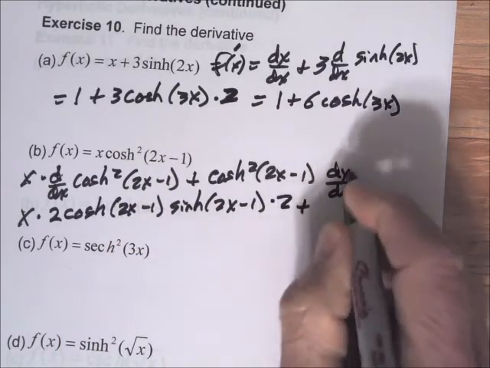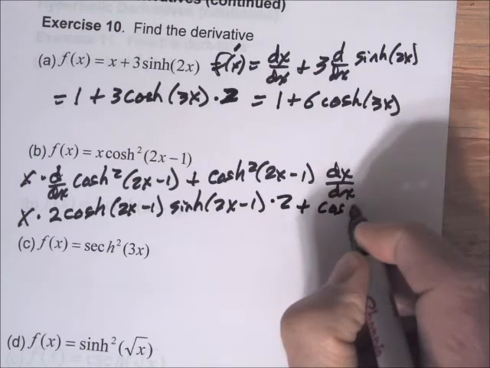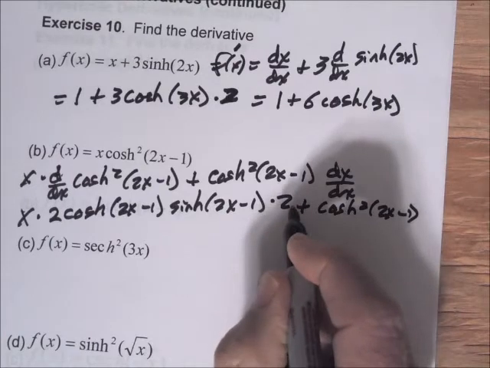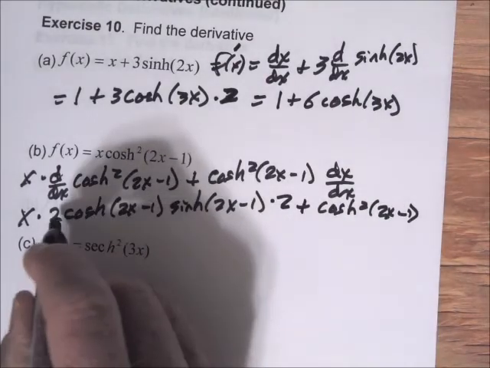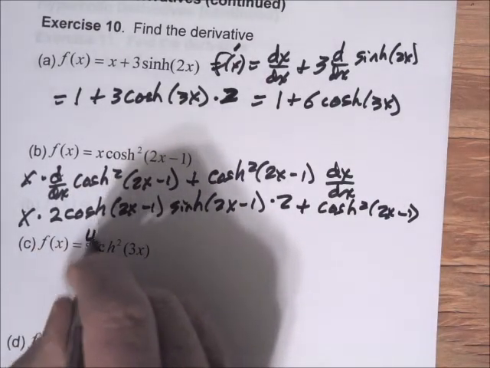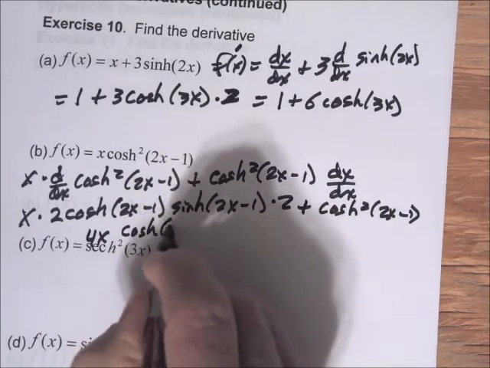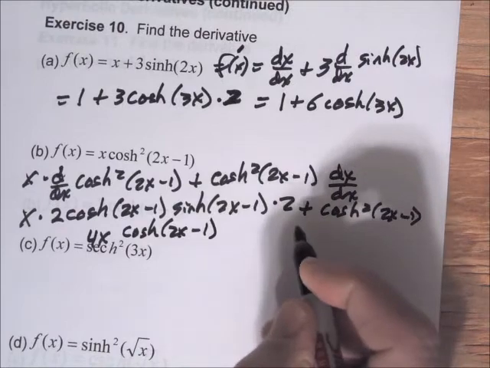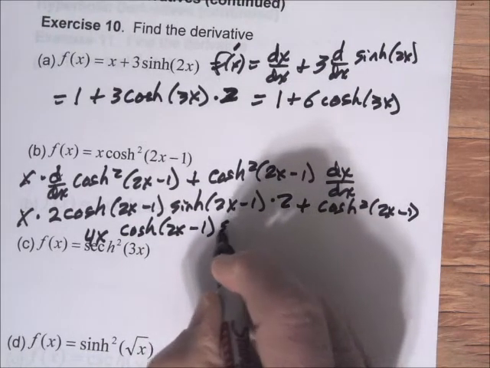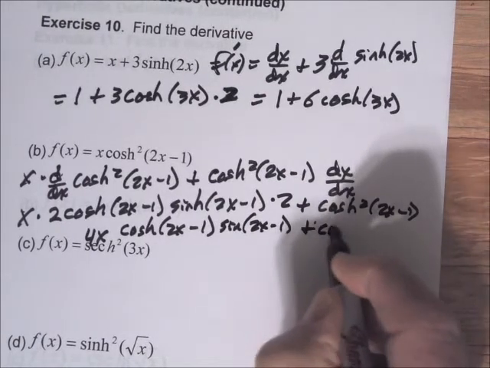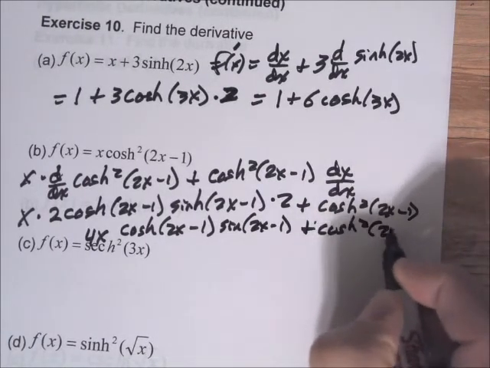And dx is 1. So plus cosh squared 2x minus 1. 2 times 2 times x would be 4x. I'm just simplifying this a little bit: 4x cosh of 2x minus 1, sinh of 2x minus 1, plus cosh squared of 2x minus 1.